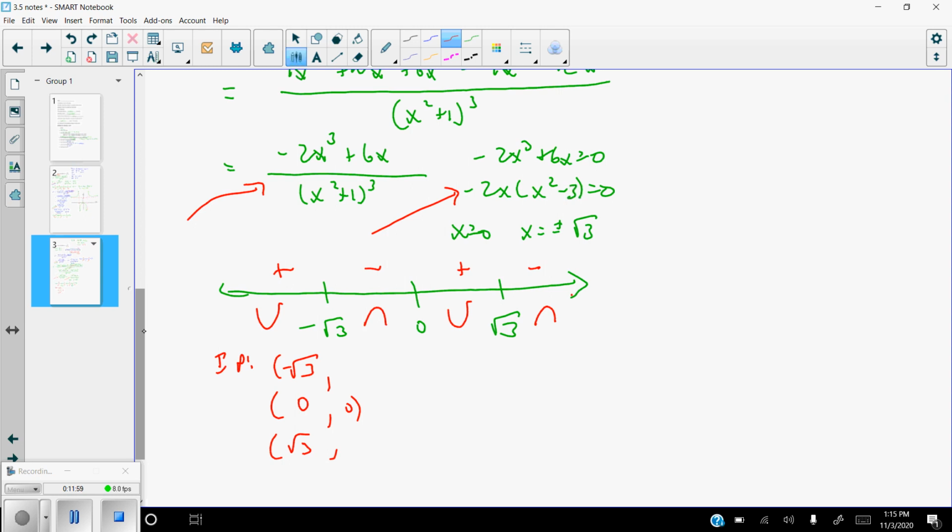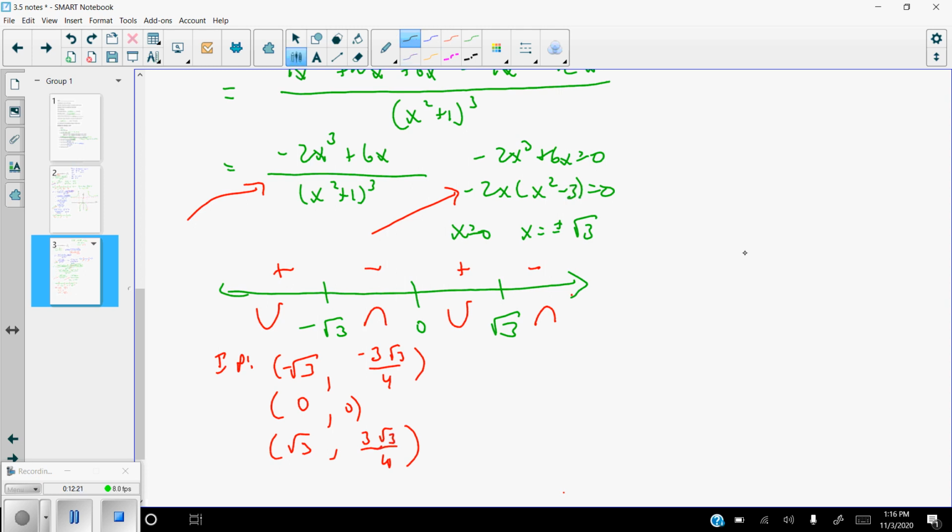And if I plug back in the negative square root of 3, I'm going to end up with negative 3 square root of 3 over 4. And if I plug in the positive square root of 3, I'm going to end up with 3 square root of 3 over 4. You can go ahead and double check that. So that tells me I have inflection points where the concavity is going to change.